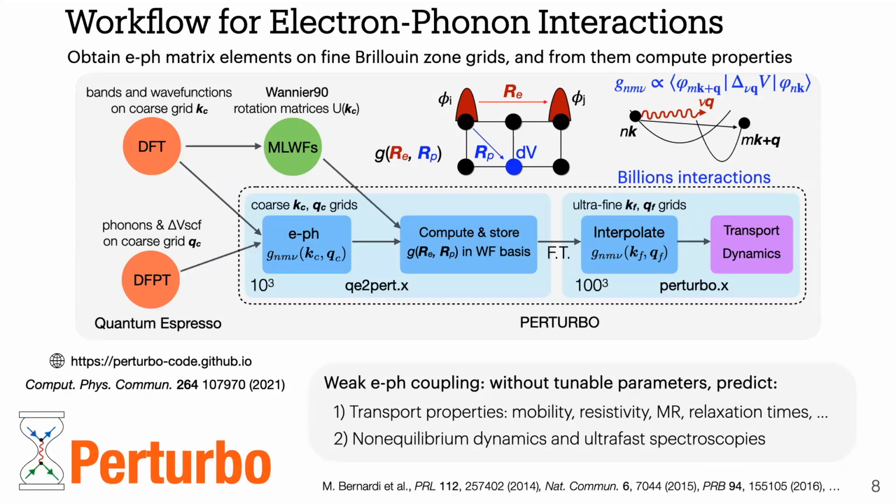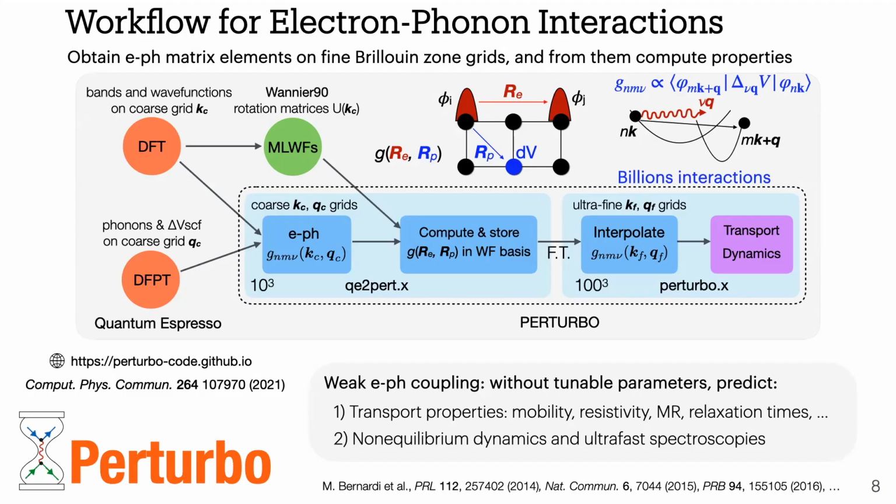Okay, now I wanted to show the workflow of how these calculations are done in practice. Using density functional theory, one can compute the electronic wave functions and band structure. Then using linear response DFT, aka density functional perturbation theory, or DFPT, we obtain both the phonons from the dynamical matrices as well as the change in the Kohn-Sham potential of DFT due to the atomic motion.